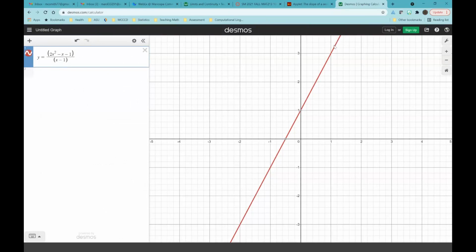And as I come down the graph, I'm also getting closer to y equals 3. But right here, we're undefined. So you can see the limit graphically as well. The important thing is your graphical answer, your table of values answer, and your function rule algebra answer need to all match. You shouldn't get different answers from the different methods.